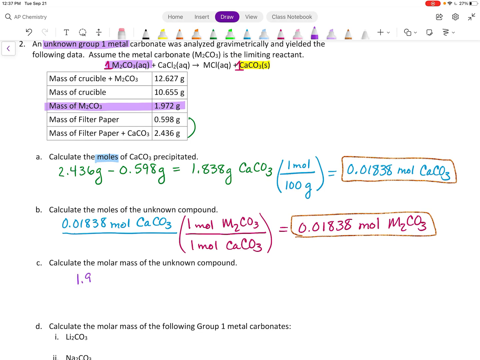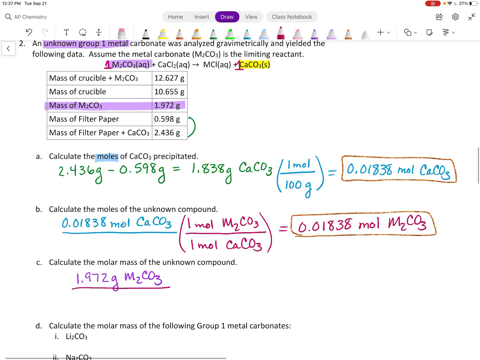So 1.972 grams of M2CO3 divided by 0.01838 moles of M2CO3. When we do that, we end up getting a value of 107.3 grams per mole.